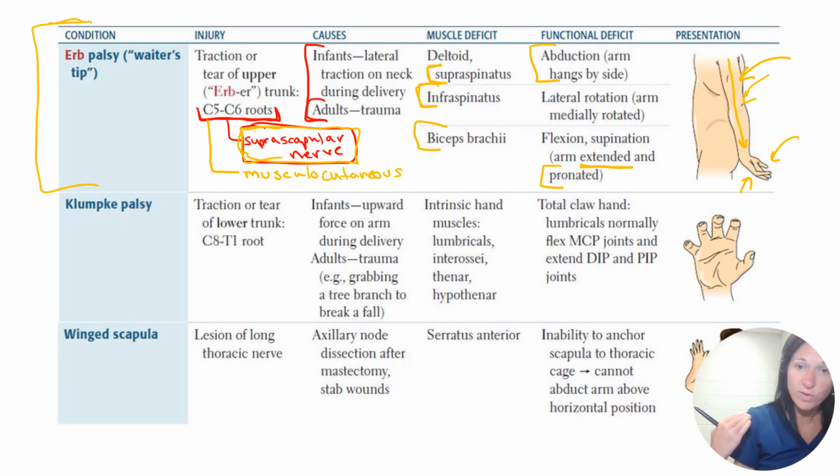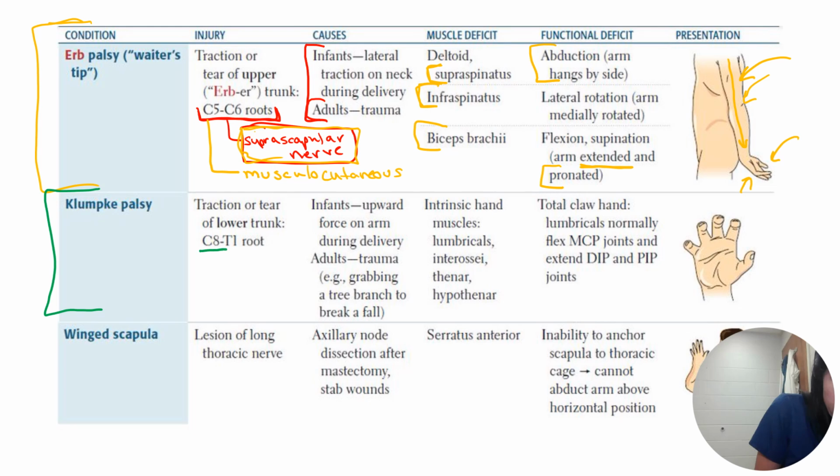Then moving to lower brachial plexus injury, Klumpke's palsy. Right, so affecting C8, T1, those inferior ventral rami. So again, an upward force on the extremity.